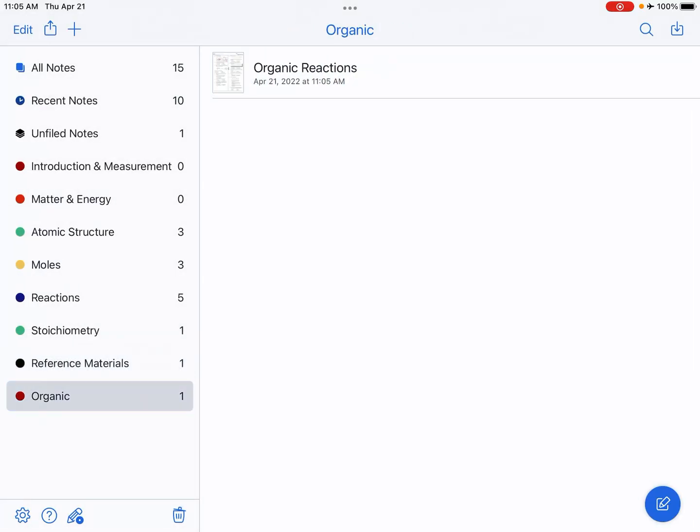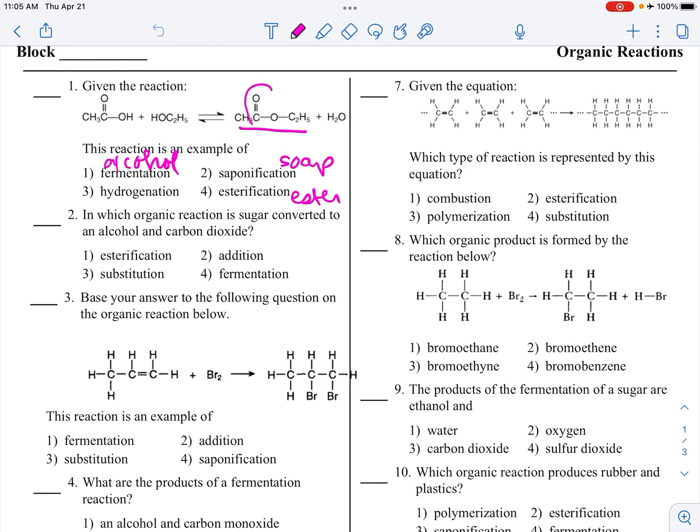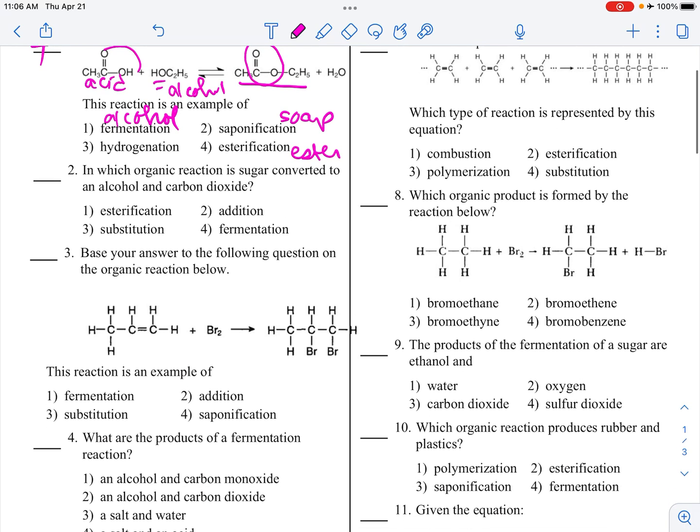I see a C double bonded O to a single bonded O, so that is an ester. So this is esterification, formation of an ester. We also talked about how an ester is formed by this, which is an organic acid, and this, which is an alcohol, which looks creepy because it's got OH the backwards way, but it's still there.